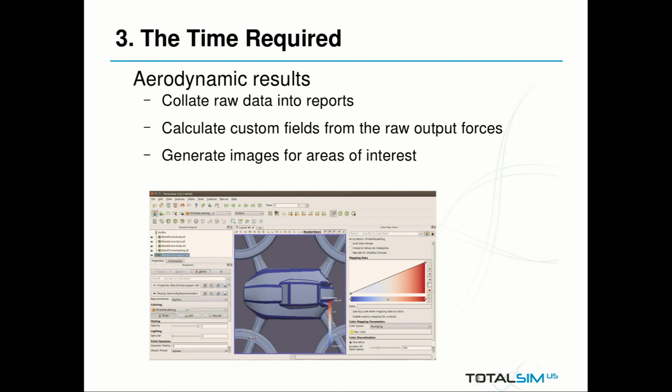Likewise, once you've run several simulations, and this is the point of using CFD and high-performance computing simulations, you can generate lots of results really quickly. You can run the simulations in parallel so that you can get them all back at once.